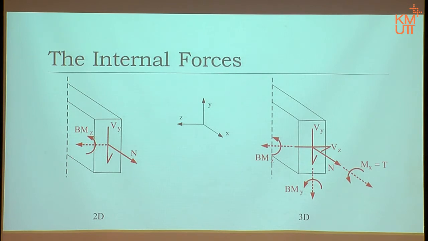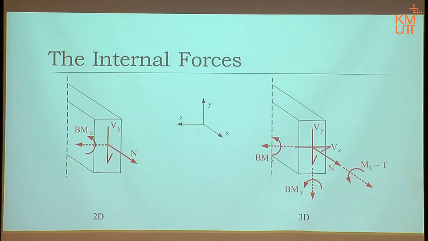Axis x is not defined by horizontal or vertical. Axis x in this case is defined by the alignment of the member. Okay? The same thing all over again. So again, since we are just beginners, we're going to do 2D, okay? But at least the picture should stick in your head.